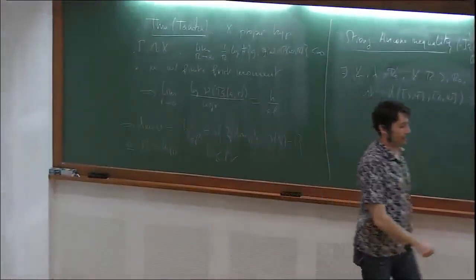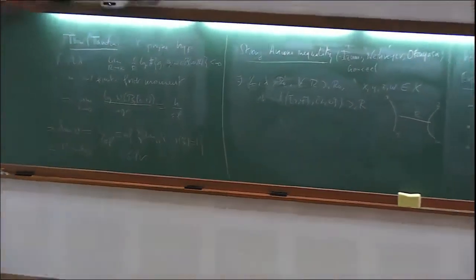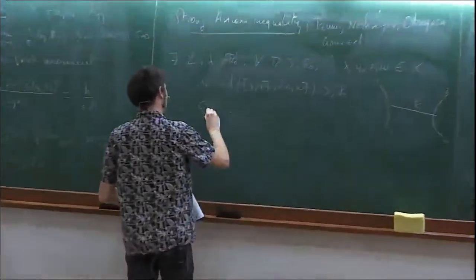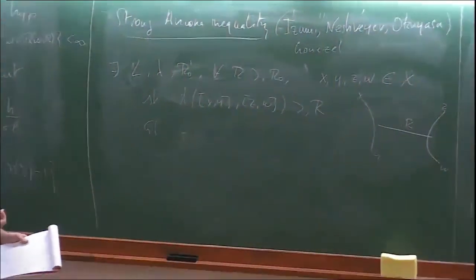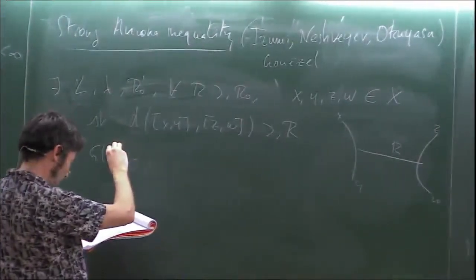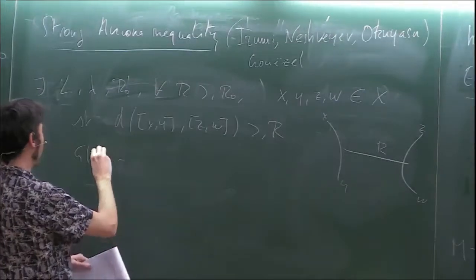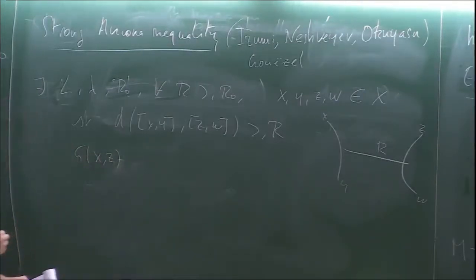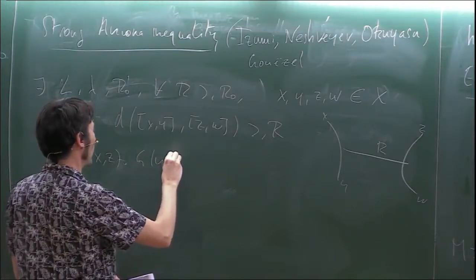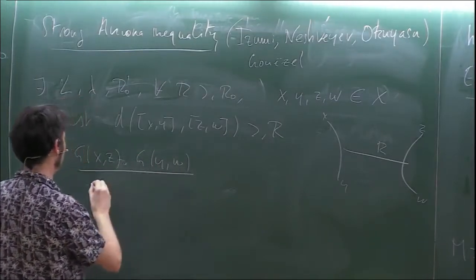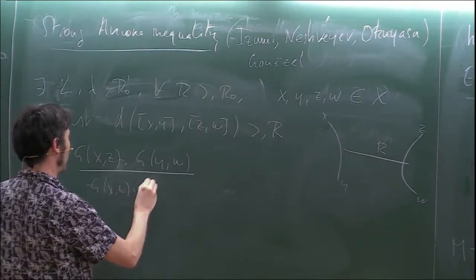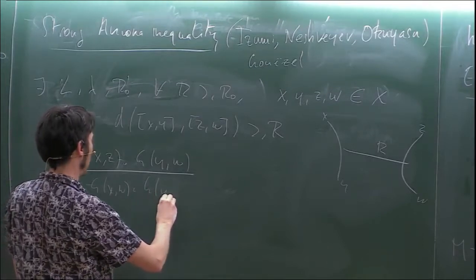And so they compute this thing, which is already some sort of cross ratio. That's why I think it's more natural to look at the Green function from x to z times y to w, and then divide this by the Green function from x to w times the Green function from y to z.